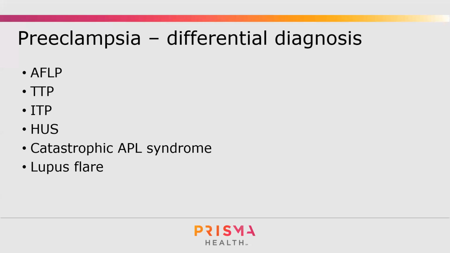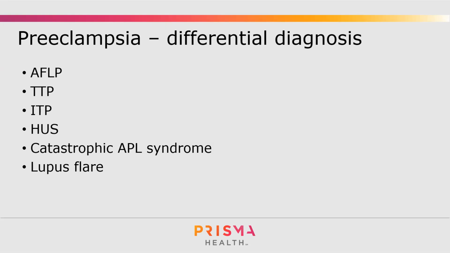AFLP stands for acute fatty liver of pregnancy. That is associated with significant liver function impairment. And so when somebody comes in and their liver function is not correct and they don't feel well, you have to throw these things into the differential diagnosis. And also, if a patient has new onset hypertension and signs and symptoms of preeclampsia before 20 weeks, you sort of have to question your diagnosis. So that's where this differential comes from.